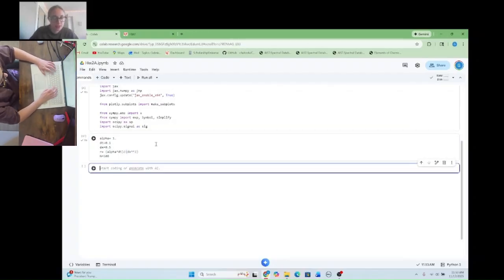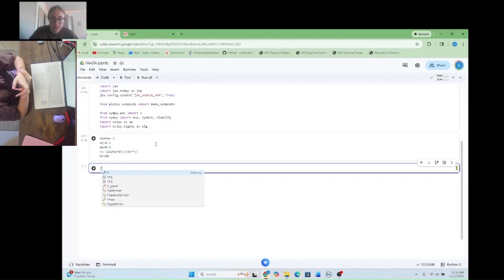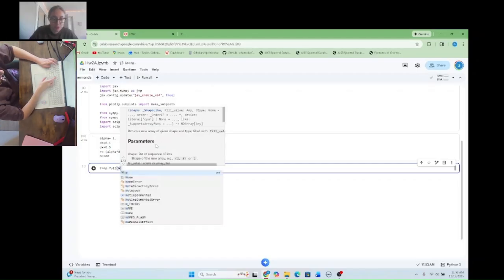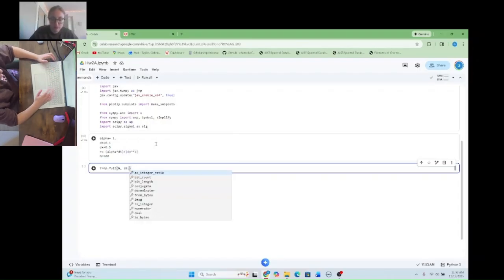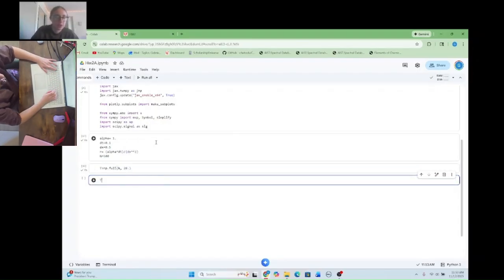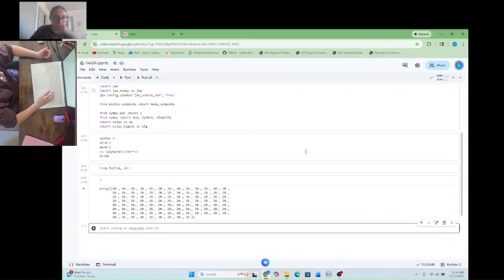Okay, so after this, we need to make an array of our temperature profiles, right? We know that this has 100 sections, and we're starting at a steady state of 20, right? So all these pieces are at 20. So we can do T is equal to np dot full. So we want our 100 pieces, which is our n, and we want to fill those up with 20. Okay, and I can show you what that looks like. So here we have 100, filled up with 20 pretty much.